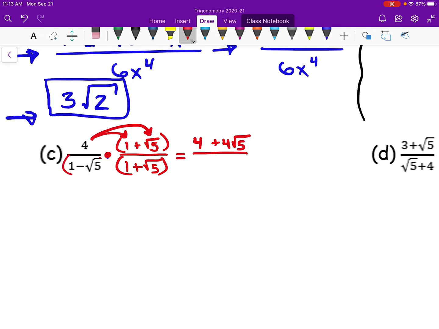On the bottom, we're going to FOIL. 1 times 1 is 1. 1 times square root of 5 is positive square root of 5. Minus square root of 5. And then remember, when square roots are the same and multiply together, all that's left is what's on the inside. So minus 5.